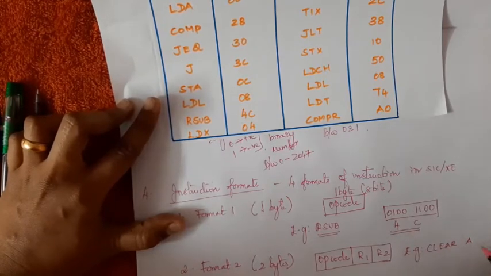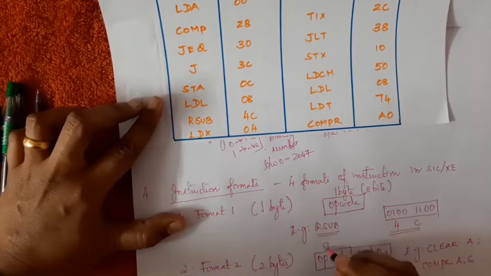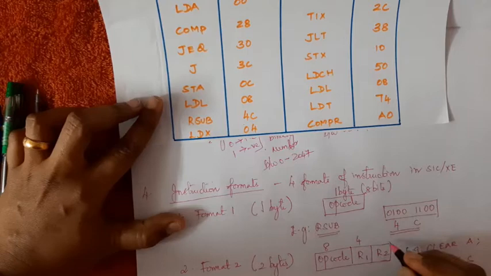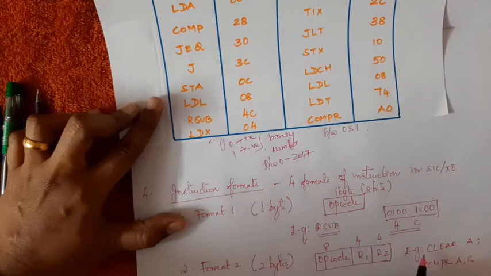We can also give an example of compare A comma S. So what does it do? Compare the contents of register A and S. Now the opcode holds 8 bits, and register 1 and register 2 are 4 bits each. Totally we'll have 16 bits of data, 2 bytes.